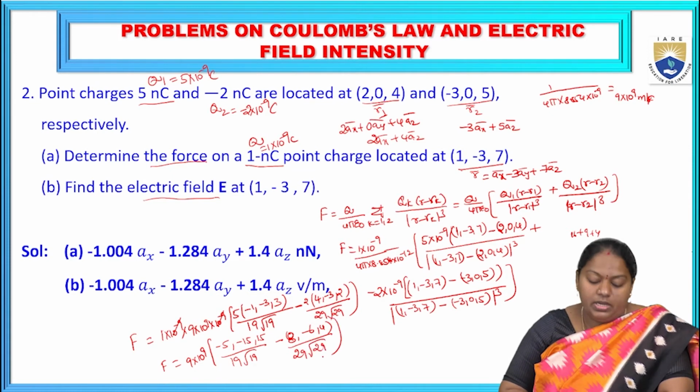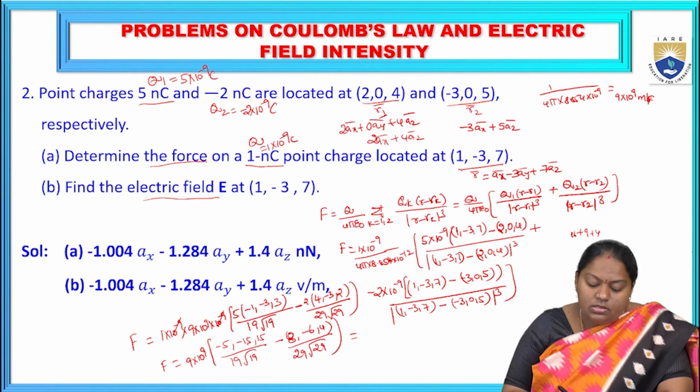If you evaluate the complete equation, the ax value is minus 5 and here it will be minus 8, the ay value is minus 15 and here it will be minus 6, and az is 15 here and 4 here. Evaluating 9 into 10 power 9 by 19 root 19 and 9 into 10 power 9 by 29 root 29, you get all the magnitudes in terms of ax, ay, az.